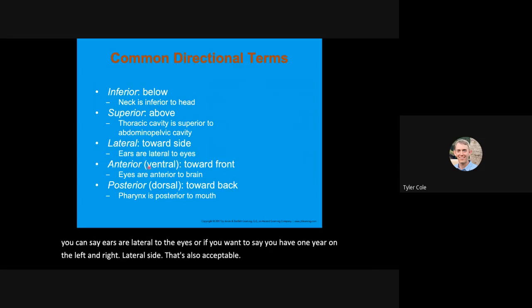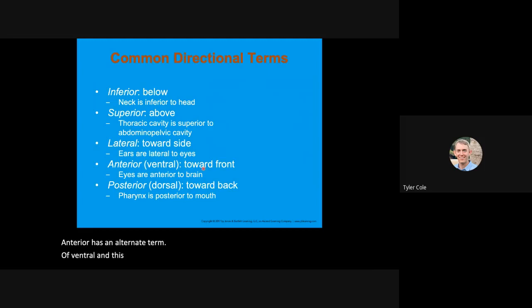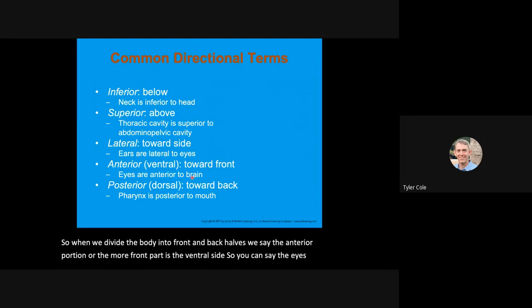Anterior has an alternate term of ventral, and this refers to the front. When we divide the body into front and back halves, the more front part is the anterior, or ventral, side. So you can say the eyes are anterior to the brain, or ventral to the brain.